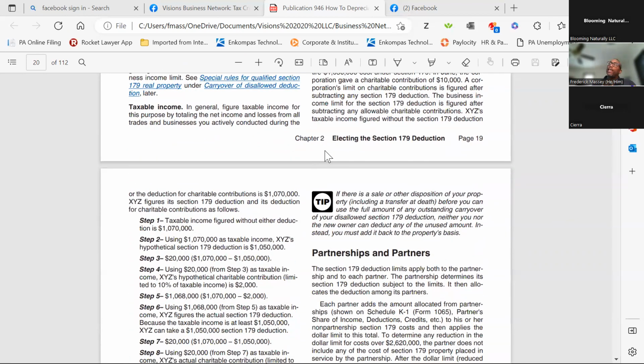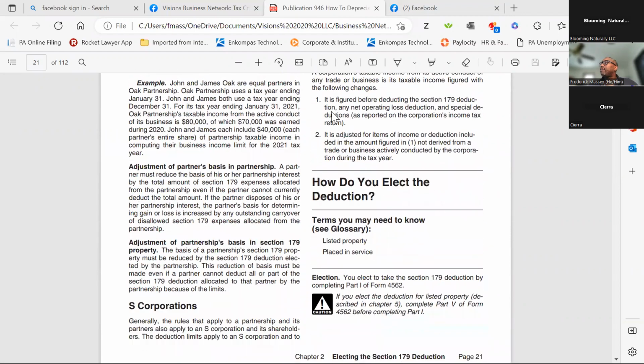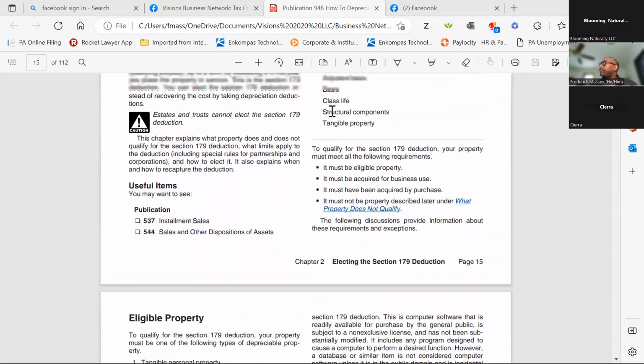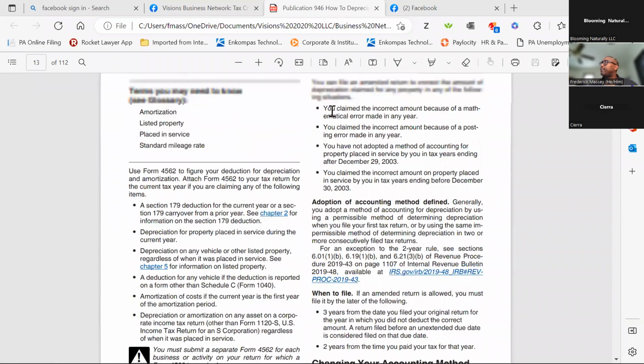It allows you to take that full depreciation as bonus depreciation. But once again, it's the same caveat. If you don't keep that asset for the period of time, then you have to recapture and pay that back. So those are the ways you take the asset and expense it into your tax return as depreciation expense.